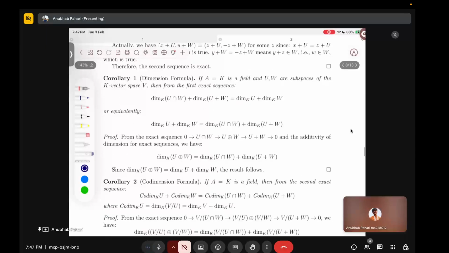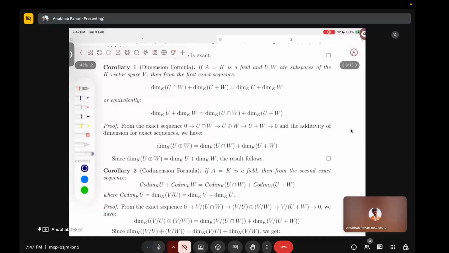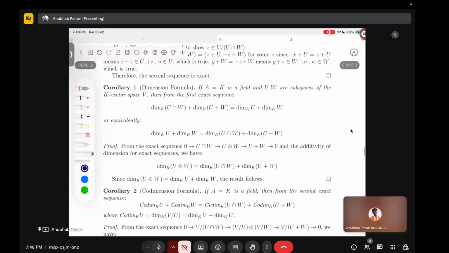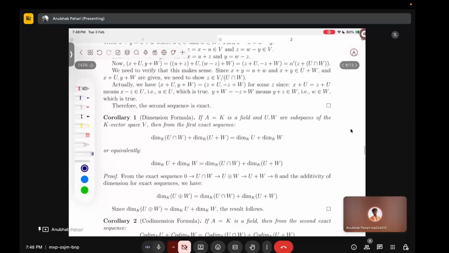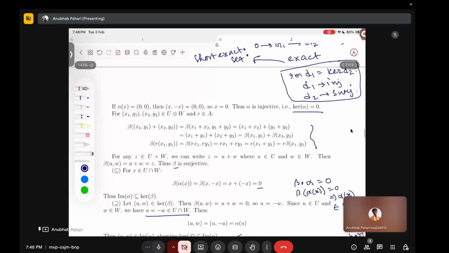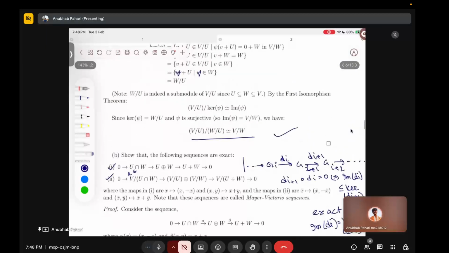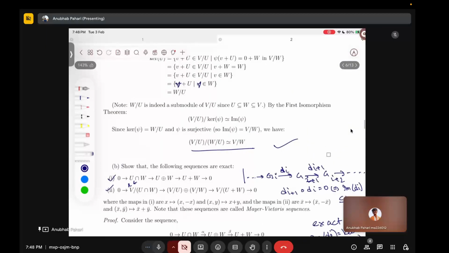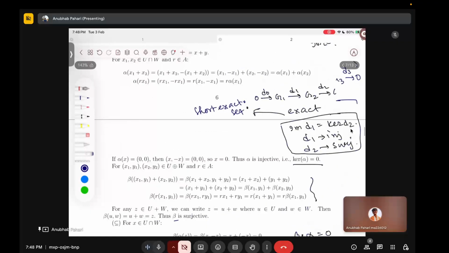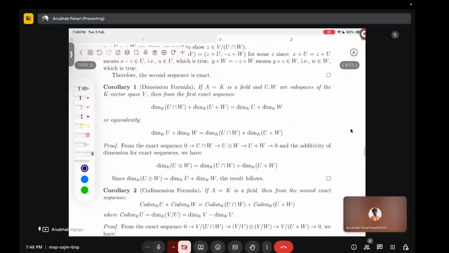That is, if A is a field and U and W are subspaces of a K vector space V. So from the first exact sequence, can we say that this dimension formula follows?